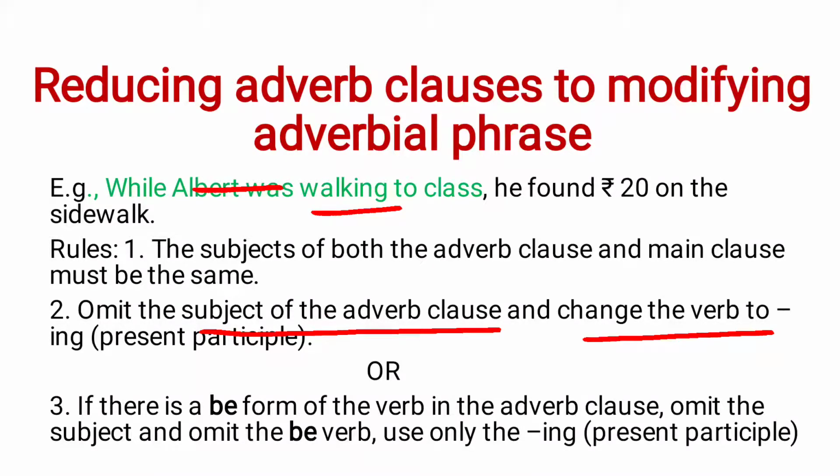I hope now you have understood how easy it is to change an adverb clause to an adverbial phrase. One more thing you need to remember is, if there is a be form of the verb in the adverb clause, omit the subject and omit the be verb. Use only the ing form of the verb or the present participle. And this is how you will be able to get your adverbial phrase in place of an adverb clause.